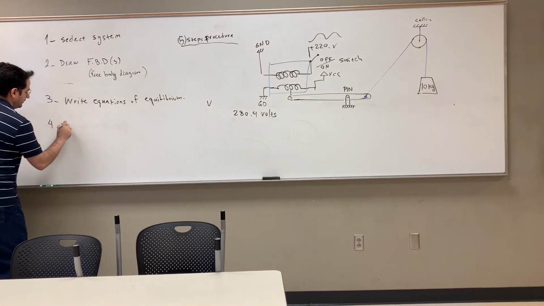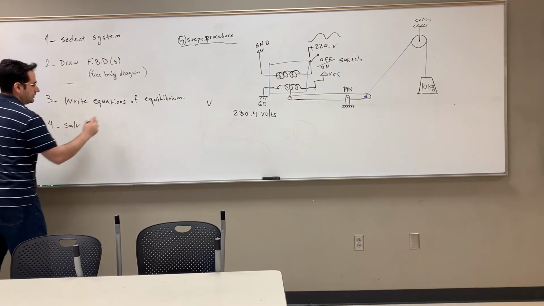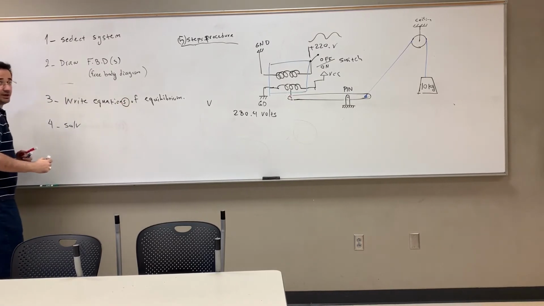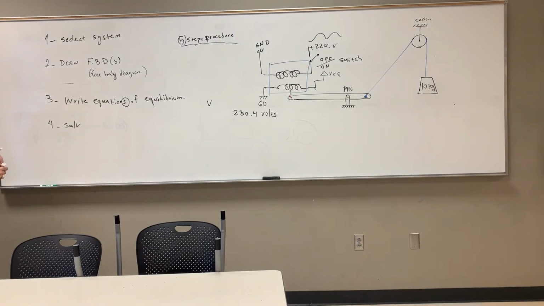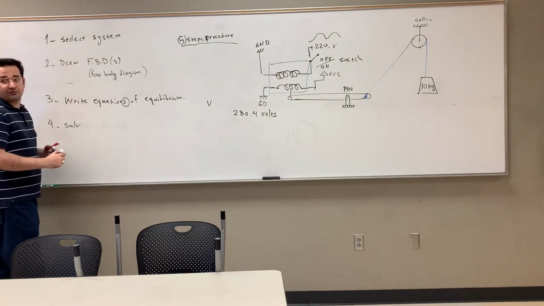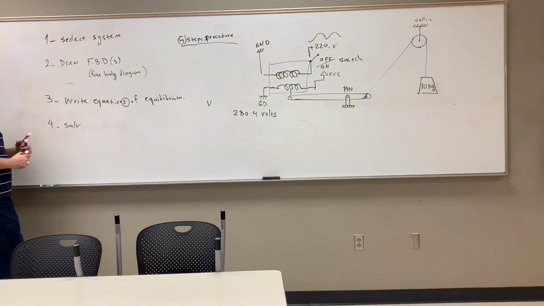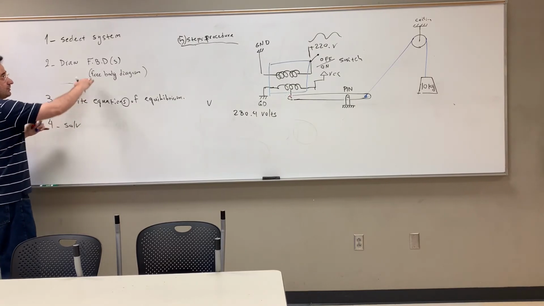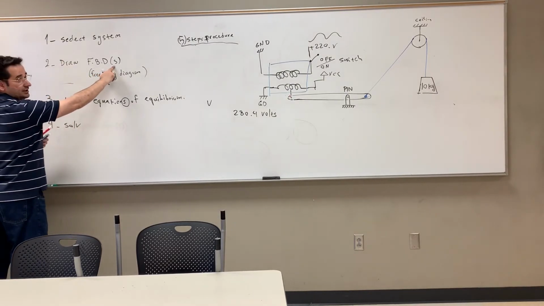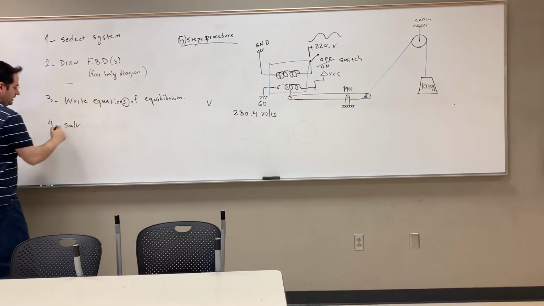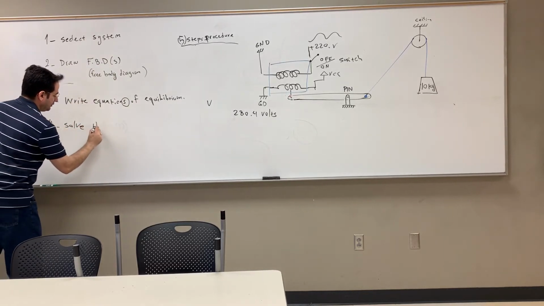Step 4, solve. You see these equations, because you may end up with a lot of equations. Soon we will see. We start with just simple 3 equations and then we go up. We may have multiple systems, so you do everything per system. Solve the equations.